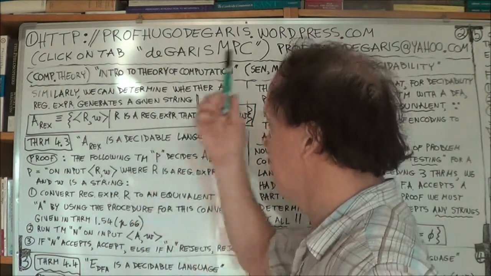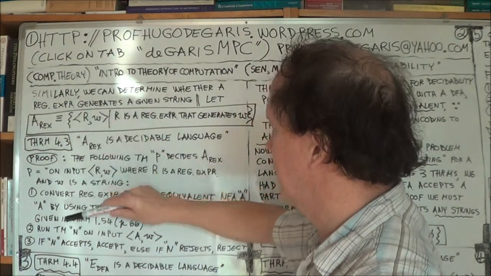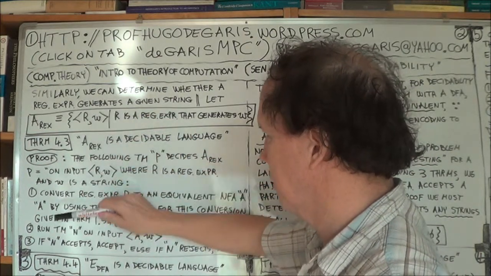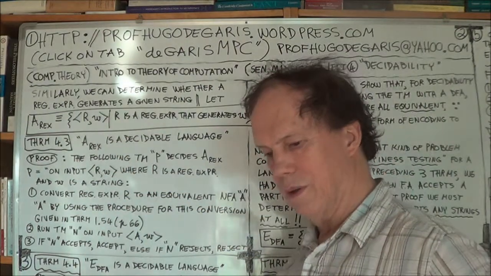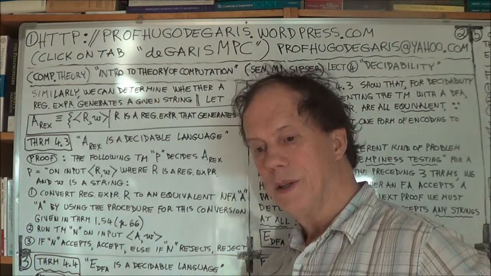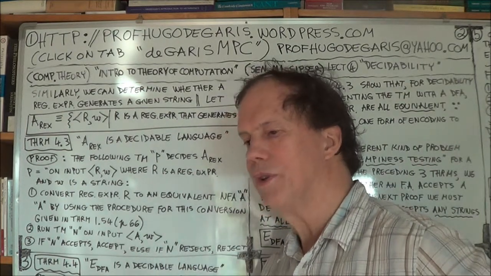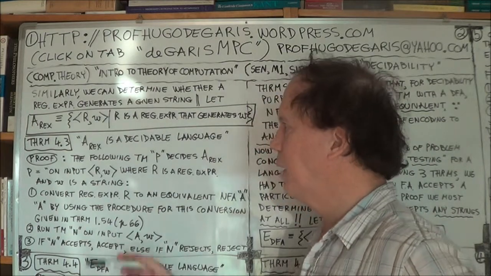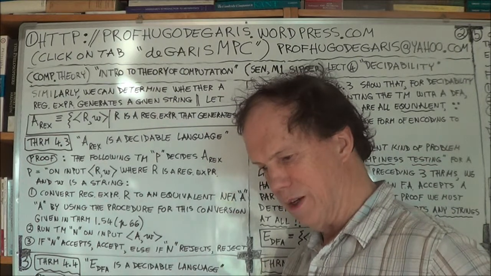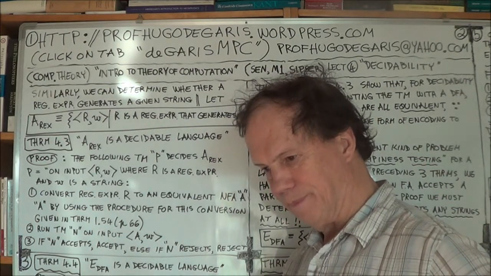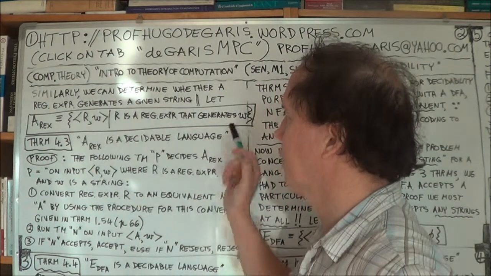All right, so from here onwards we have our standard format description of a Turing machine. In this case, we're trying to find an algorithm, Turing machine, same thing, that decides this language.